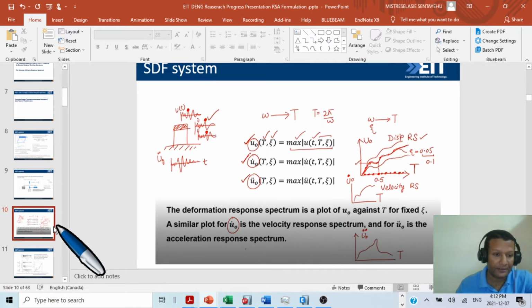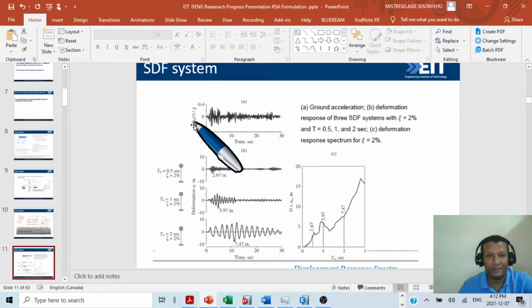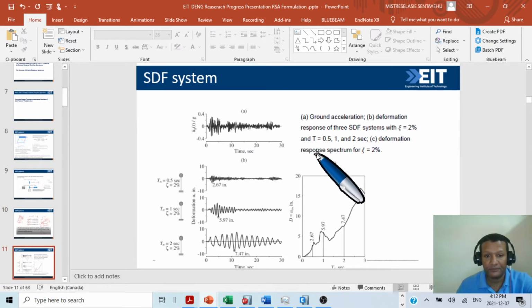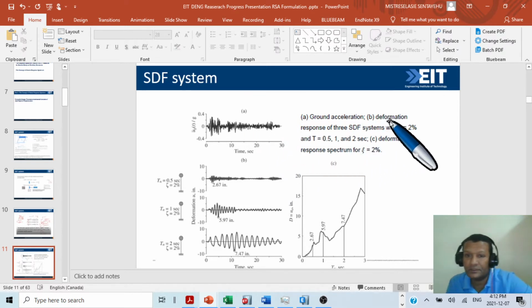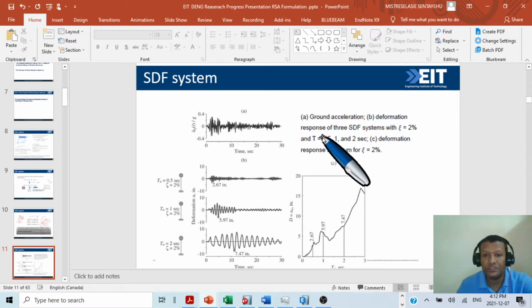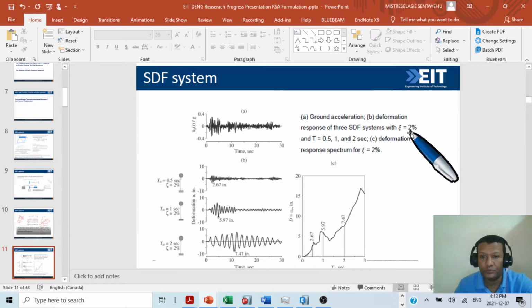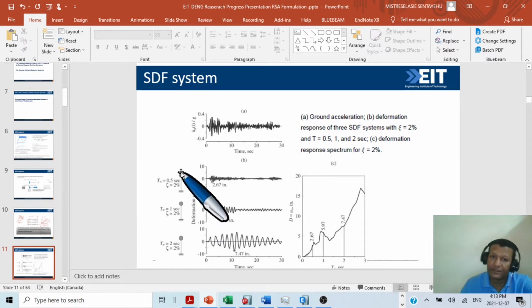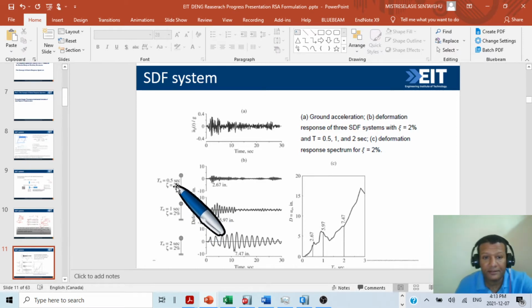For example, for a single degree of freedom system with a ground acceleration, for example extracted from a record, we look at the deformation response of three single degree of freedom systems with a damping ratio of 2% and time periods of 0.5, 1, and 2. The damping ratio should be constant, 2%, 2%, 2%.